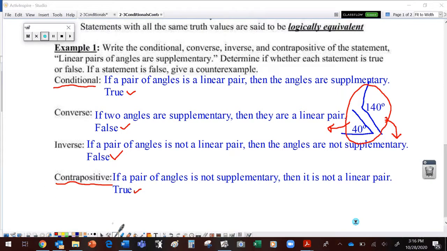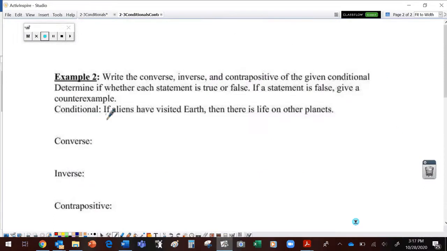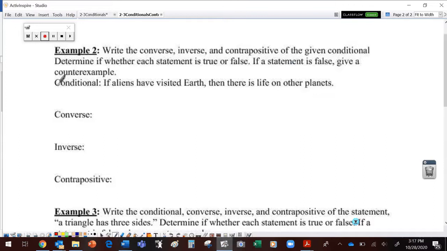Okay, now let's take a look at just a couple more. Example 2: write the converse, inverse, and contrapositive of the given conditional. Determine whether each statement is true or false. If it's false, give a counterexample. The conditional statement this time is: if aliens have visited Earth, then there is life on other planets.